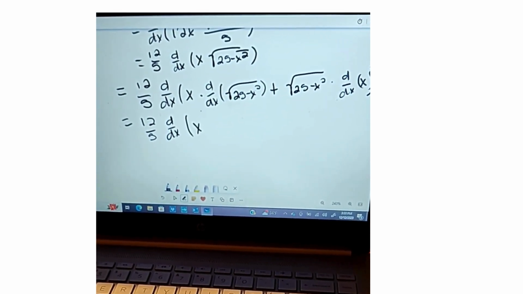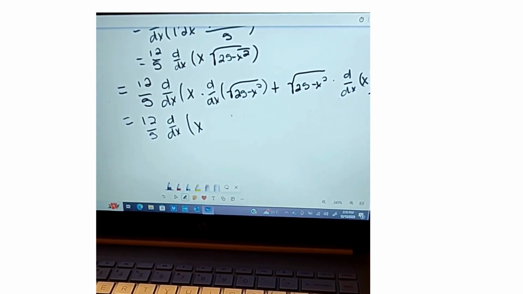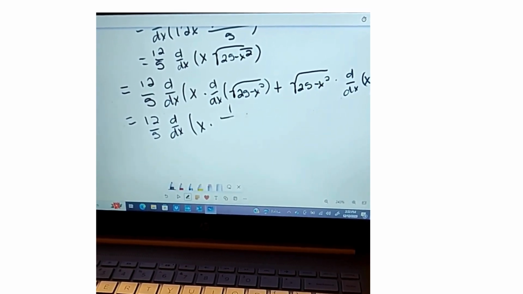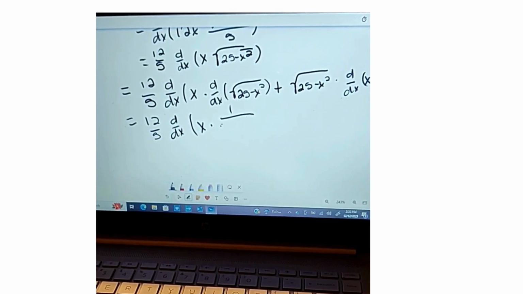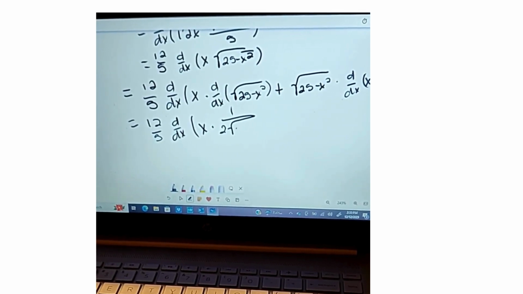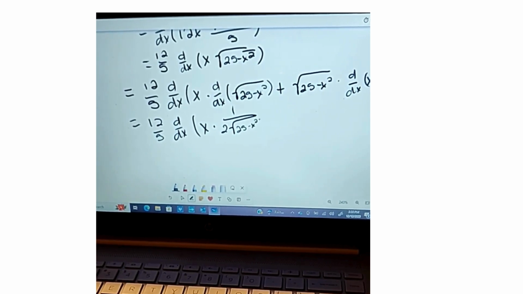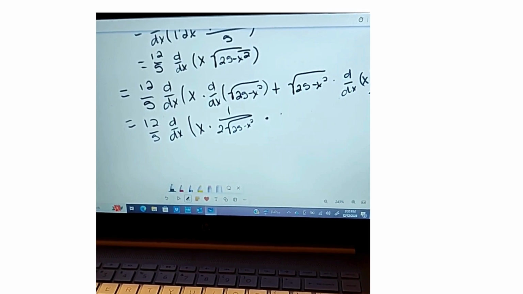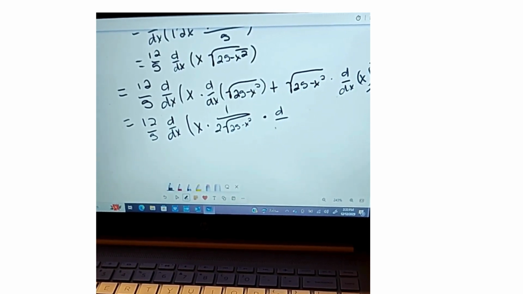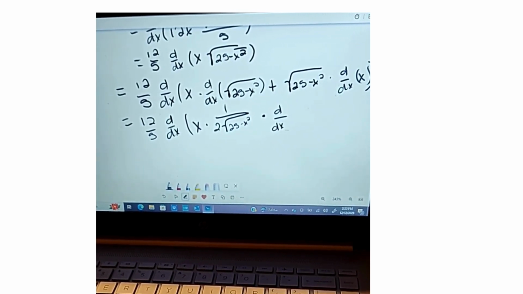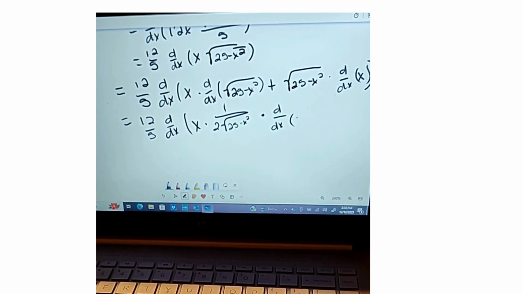So the derivative of this, we're going to come out as 1 over 2 square root of the same thing, times the derivative of the inside, because we can't just do it once.